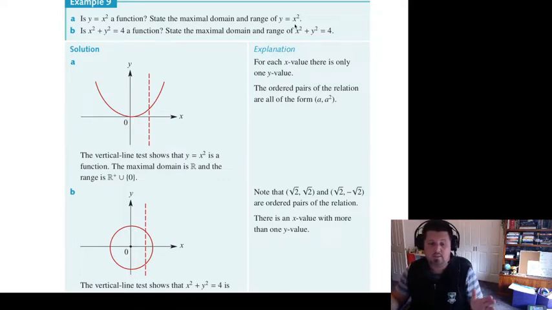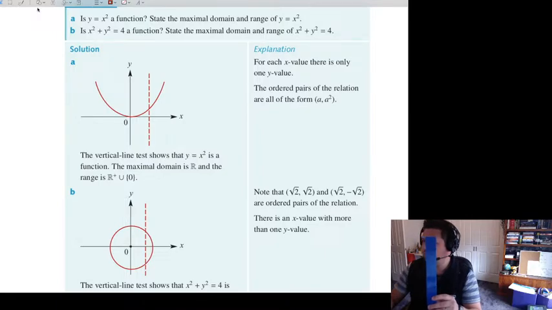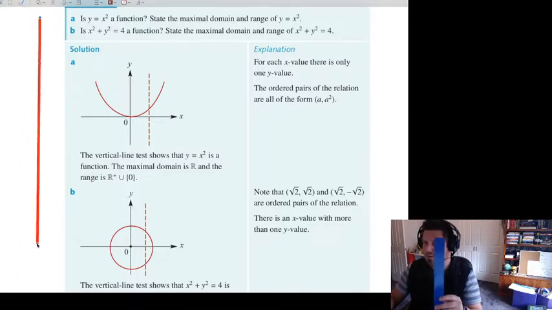You can use the vertical line test to check whether it is a function or not. Actually, that's not going to work here. I'll have to use another vertical line. Just bear with me, getting my vertical line happening. Let's make it vertical.